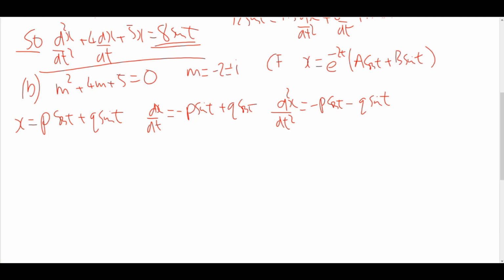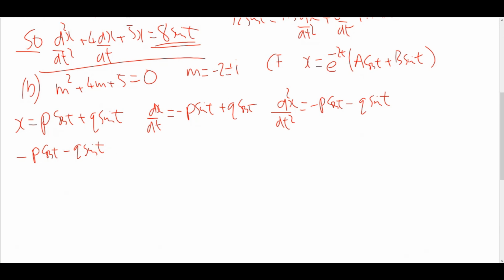P and Q. So d2x by dt squared is minus P cos t minus Q sin t. Plus 4 dx by dt is going to be 4 times minus P sin t.